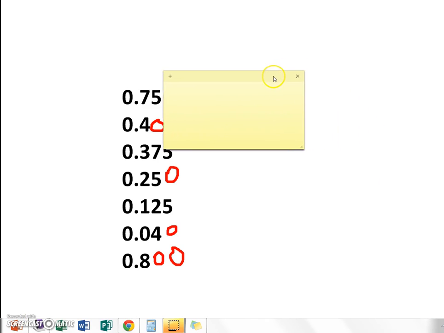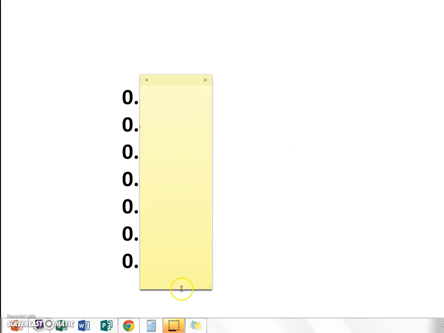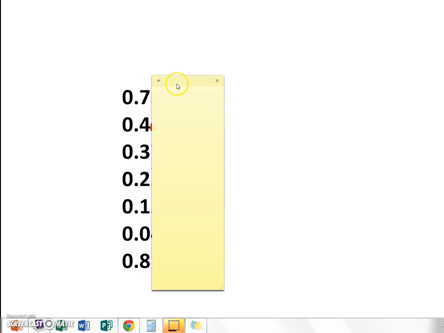So I'm going to cover up everything except the first digit. And here they're all zeros, so obviously I can't tell which one's the biggest. Now I go to the tenths place, and they're all different. It's very easy to tell now which one is the biggest and smallest. So this one here is a 0.